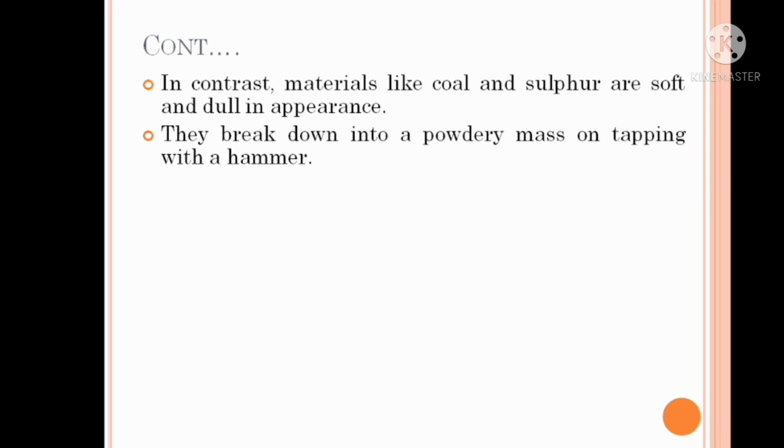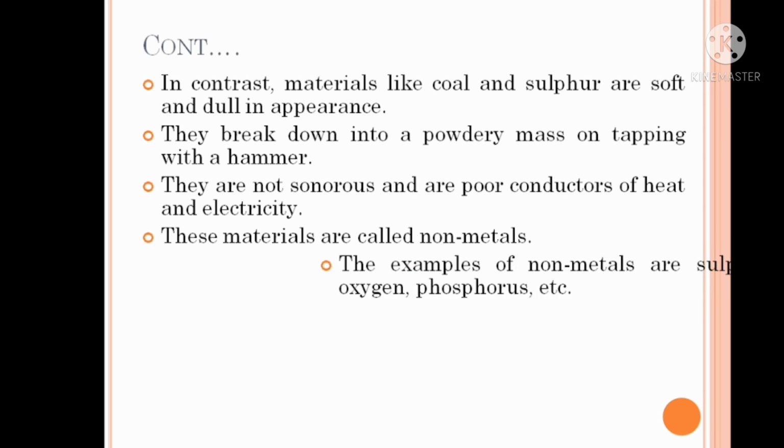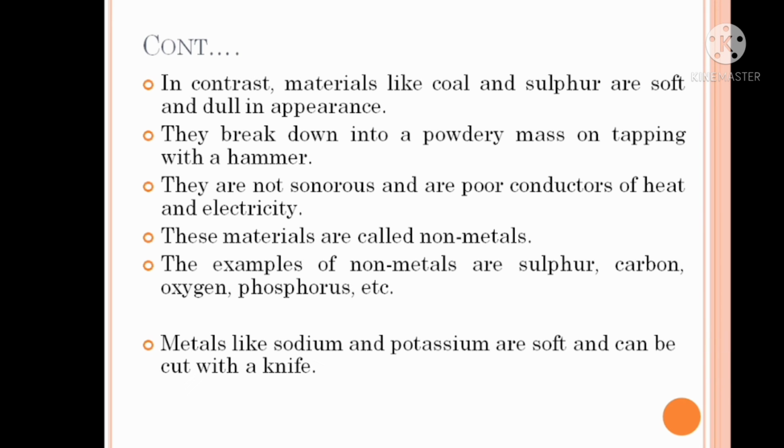Clear? They are not sonorous, so they won't produce a good sound, and they are also poor conductors of heat and electricity. These materials are called non-metals. Examples of non-metals are sulfur, carbon, oxygen, phosphorus, etc.